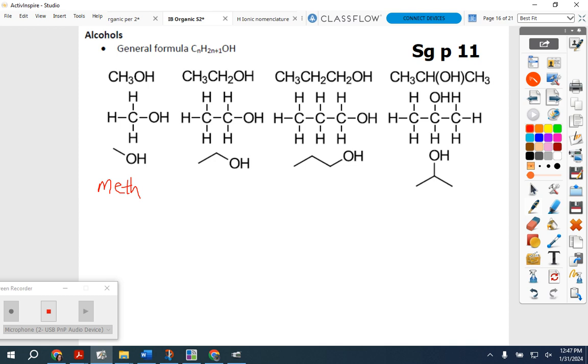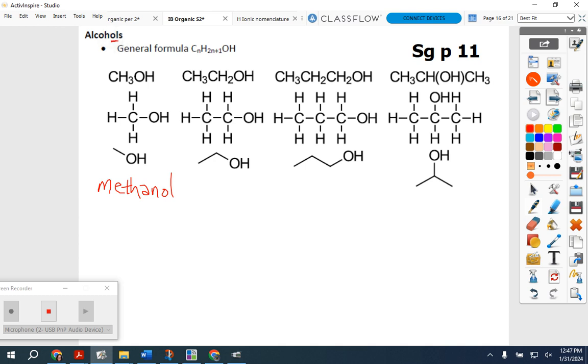So if it's all singles, you're going to have methan instead of methane, because you're also going to add the suffix that indicates it's an alcohol, which is ol. Okay. So for the alcohols, the suffix is the end of the word.